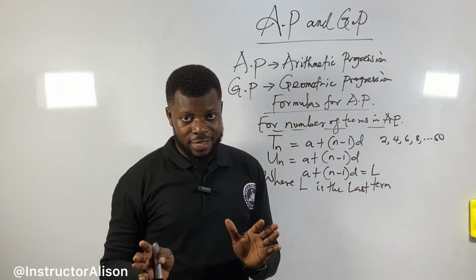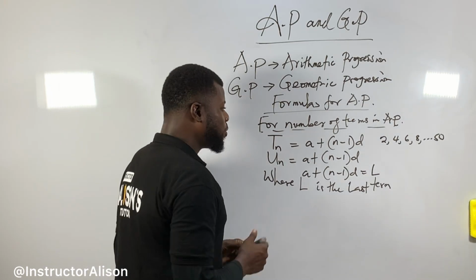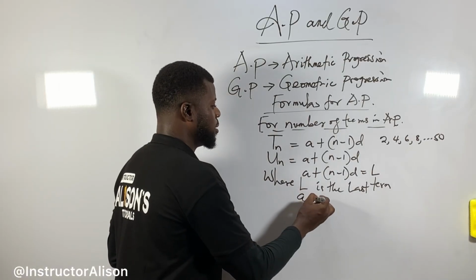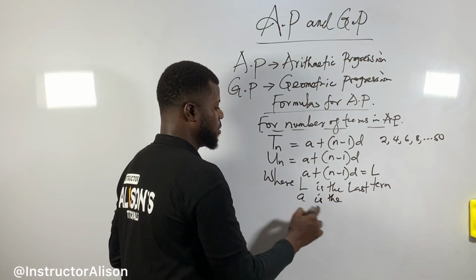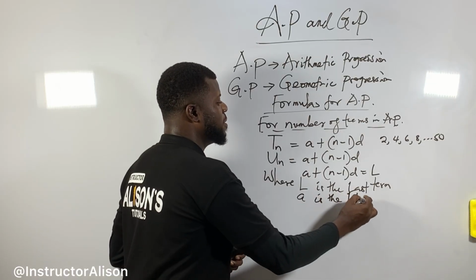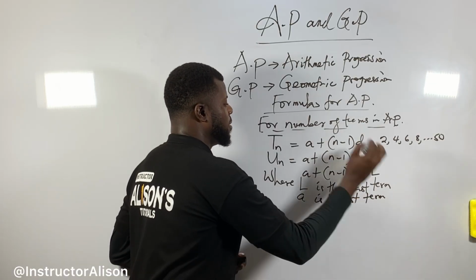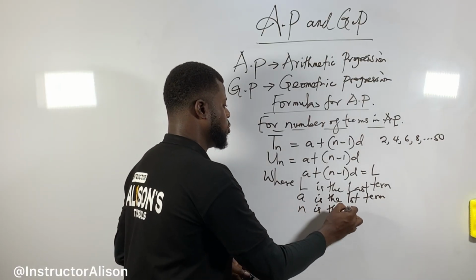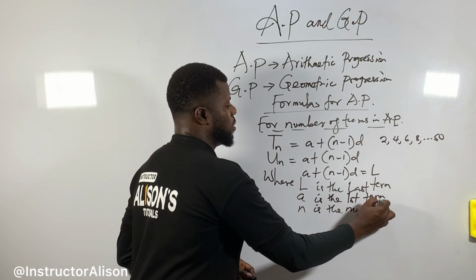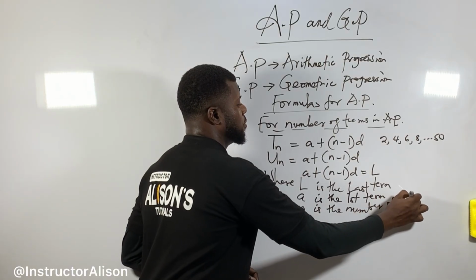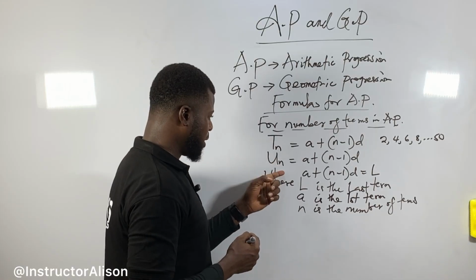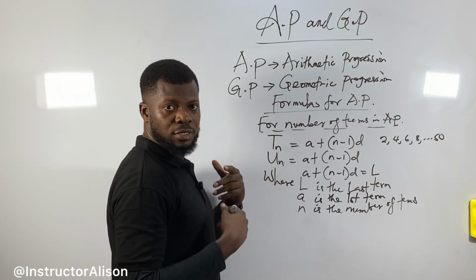Now, what if you know L to be the last term? What of A? A is the first term. And n is the number of terms. So sometimes if you use this one for the number of terms, you understand.